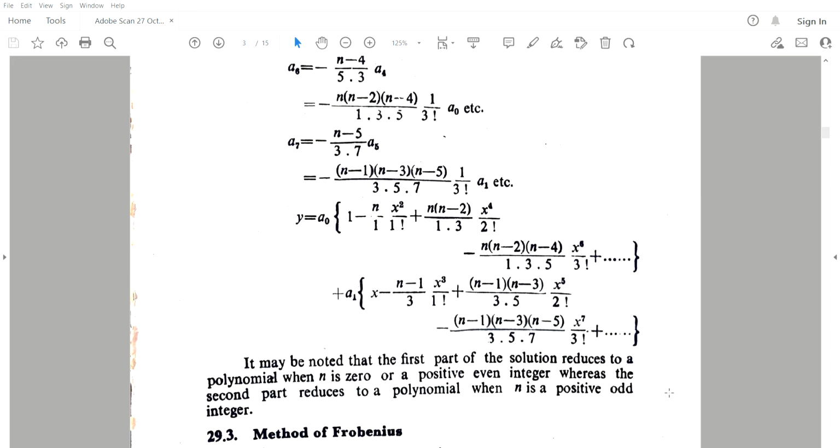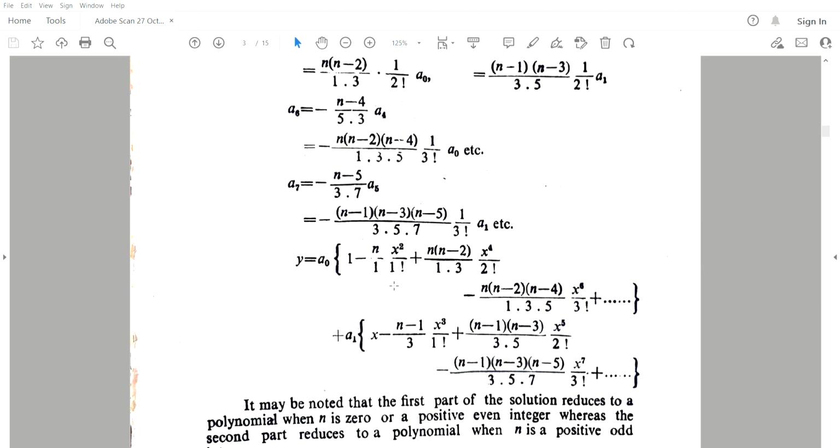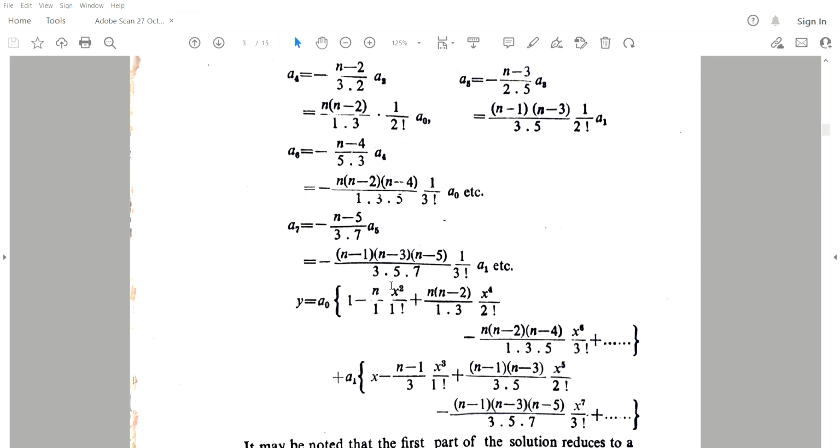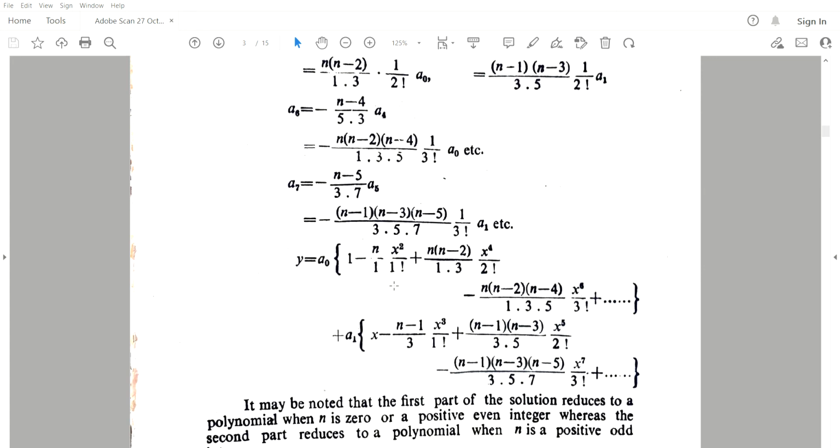Now, one thing we see is that if n is even, then the first part of the solution reduces to a polynomial when n is equal to 0 or n is equal to 2. At certain n even, it will have a finite polynomial because the terms will be 0.